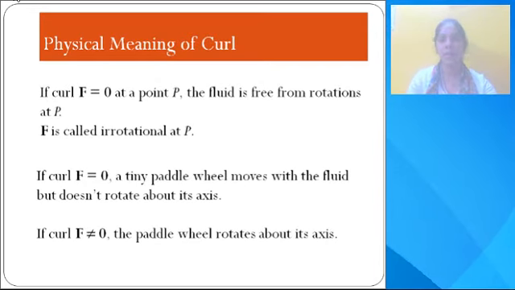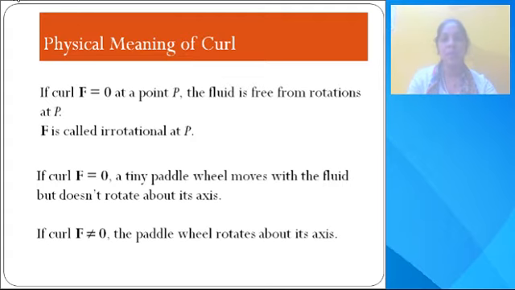To understand more about this, or to remember it, we can also understand it in another way. The curl means rotation. So if we find the curl of any vector quantity is equal to 0, 0 means no, 0 means we have nothing.